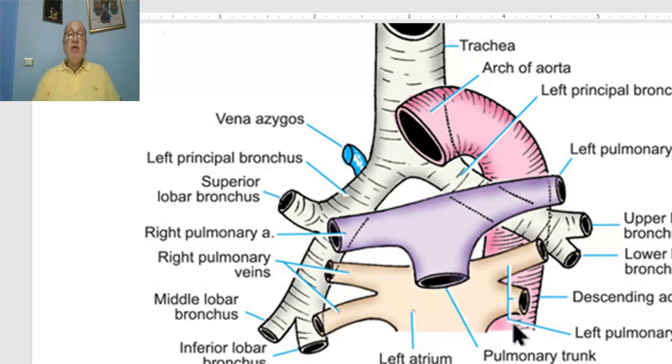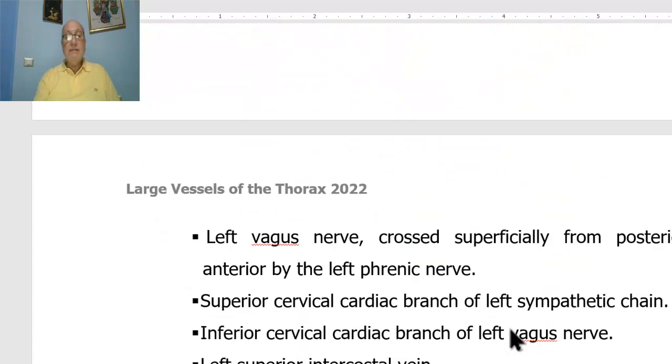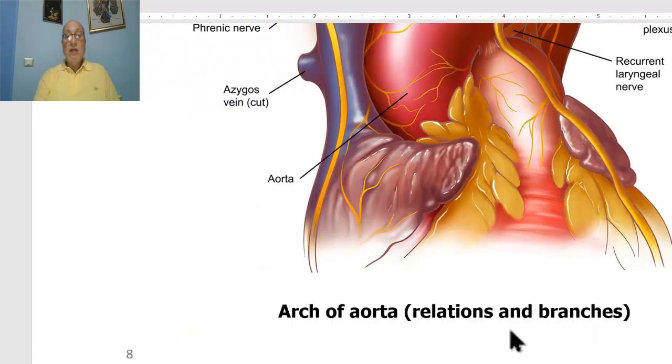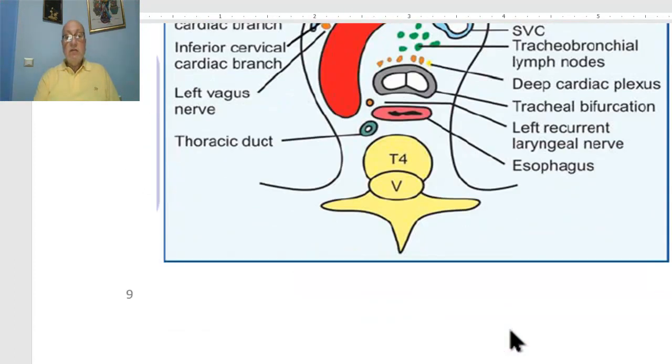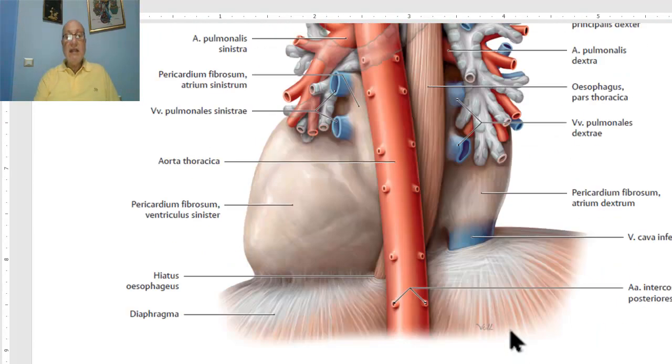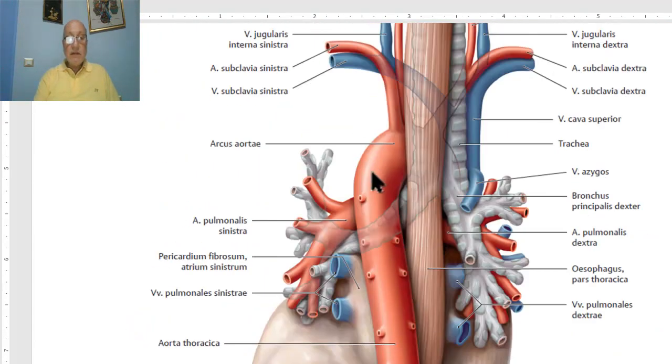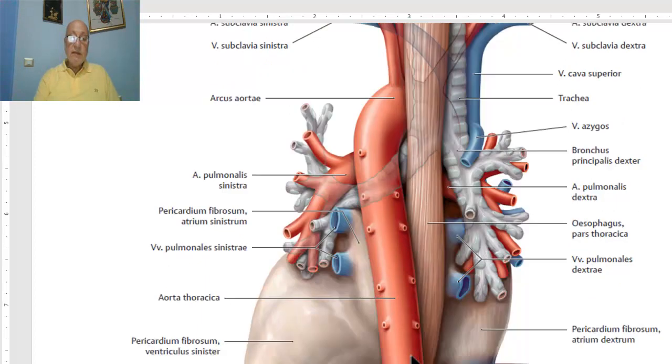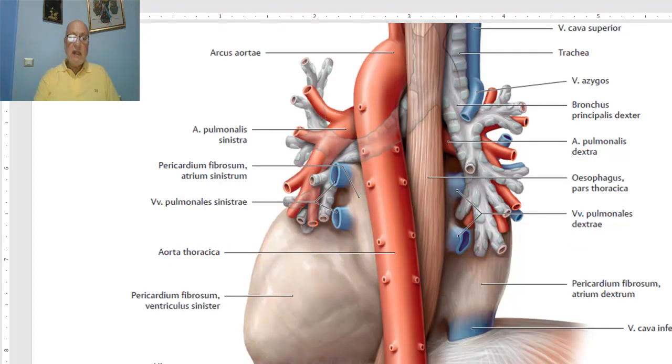The descending thoracic aorta descends obliquely to the right side. This is the left side, the beginning, and it descends obliquely downward and slightly to the right.